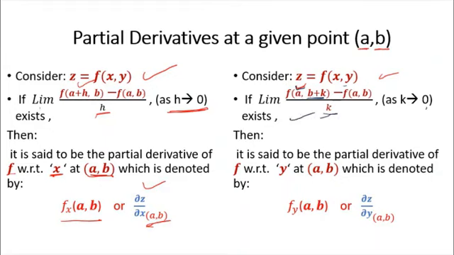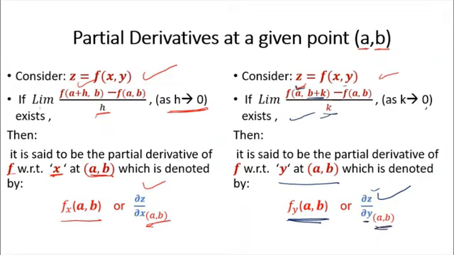There is no change in x, so you are differentiating with respect to y, and the x coordinate x equals a will remain as it is. The change is in the y place, changing by k, so you take b plus k. If this limit exists, it is said to be the partial derivative of f with respect to y at a point (a, b), denoted by fy of (a, b), or dou z by dou y.